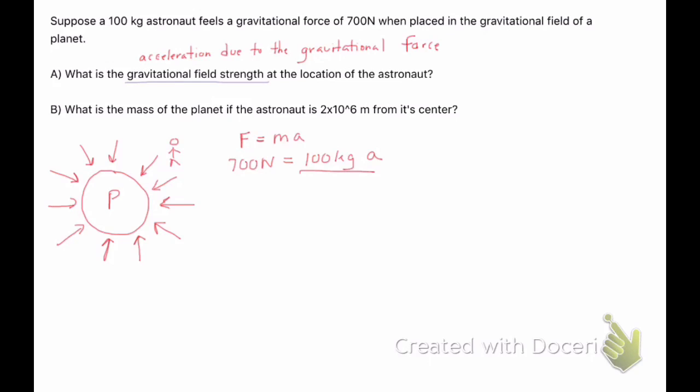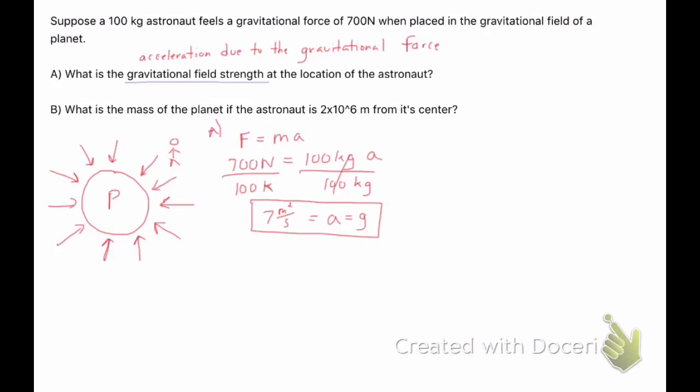So when we divide by 100, we can see that the a, or you can say the g, equals 7 meters per second squared. I'll box that in.